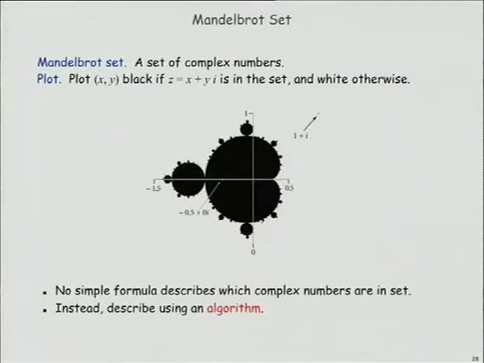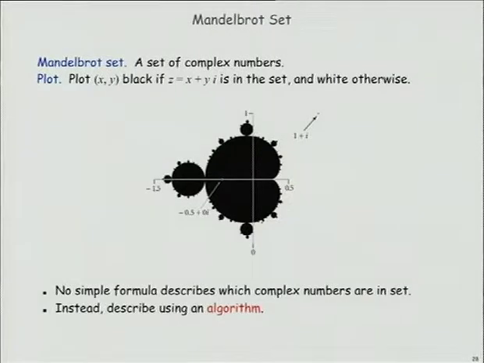Well, a Mandelbrot set is a set of complex numbers, and we have the following rule. We plot the point xy as black if the complex number associated with this position xy, in other words, the complex number z = x + yi, is in the Mandelbrot set. Otherwise, we plot a white point.